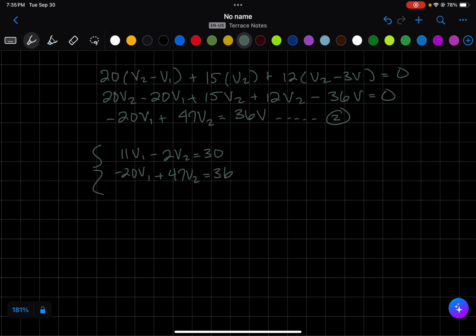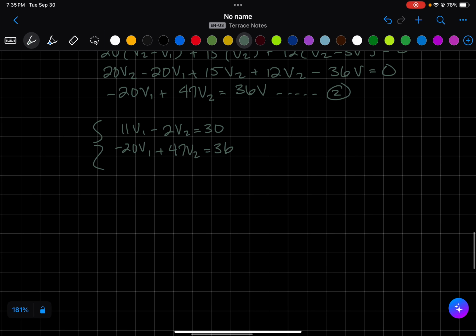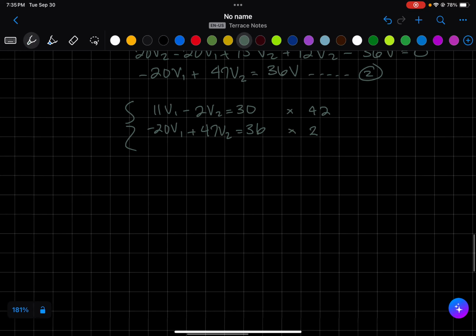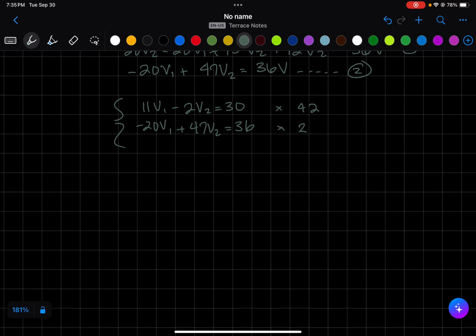So what I'm going to do is multiply our second equation by 2, and then the first one by 42, to try and cancel out v2 to find v1.